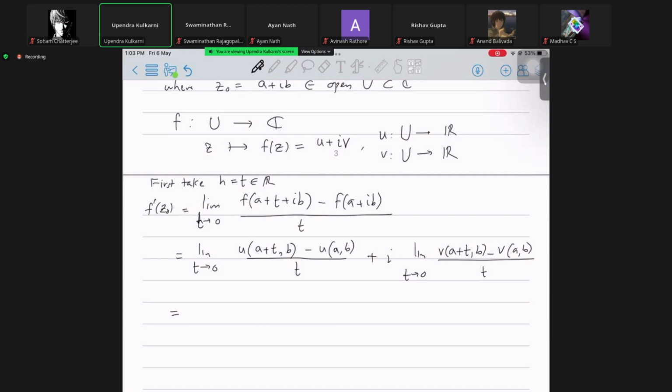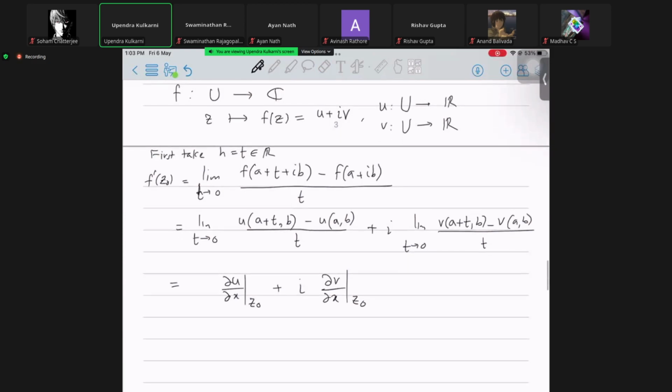The direction of the first, which is the x. So I'm going to call this del u by del x at a comma b, so at z naught, plus i times del v by del x at z naught. Okay, so hopefully this is okay, because then the second one we can just take.